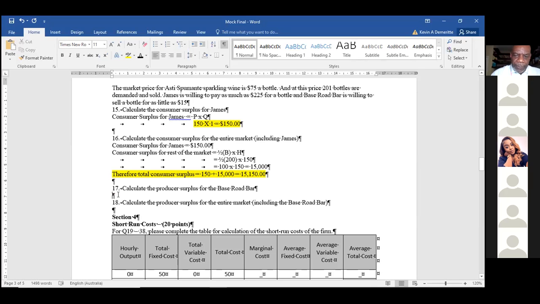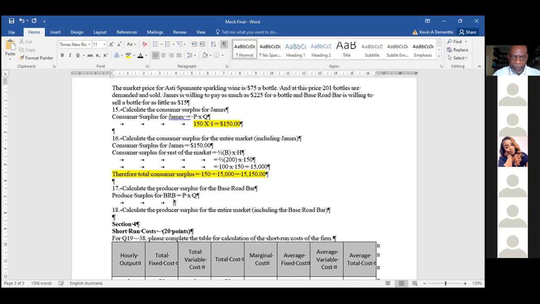Okay, then the producer surplus for the Base Road Bar, BRB, would be equal to P minus the cost, which is 75 minus 15, which is 60.